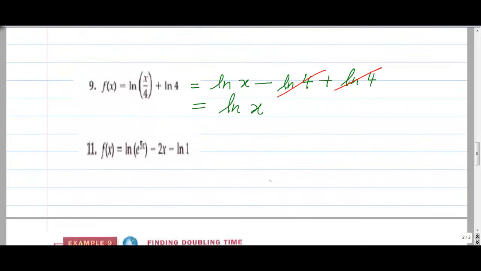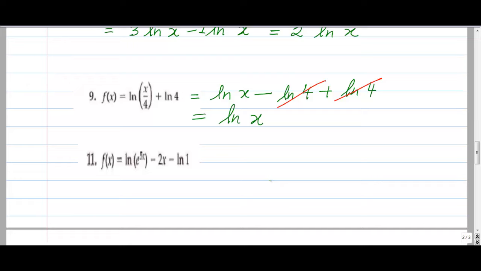Natural log of e to the 5x. Well, this is one of the properties we saw earlier. What happens with natural log and e? They cancel each other out, right? Well, let me do this. Let me bring this out here first. So I have 5x natural log of e minus 2x minus natural log of 1. Okay?